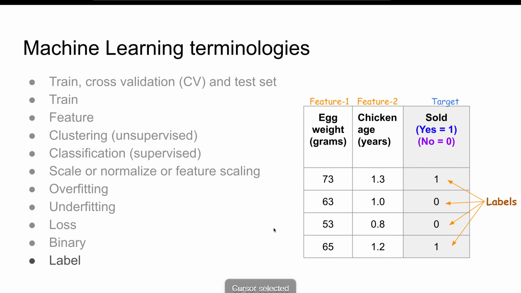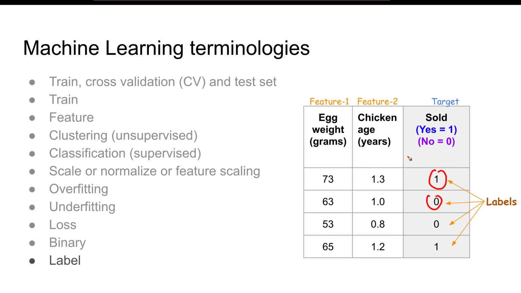Now after that, let's look at what a label is. A label is what we had here. So we had 0, 1. These are all labels that we have given if the egg gets sold or if it does not get sold. In addition, the labels could be any other type.